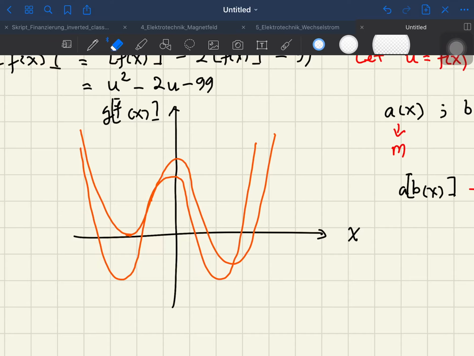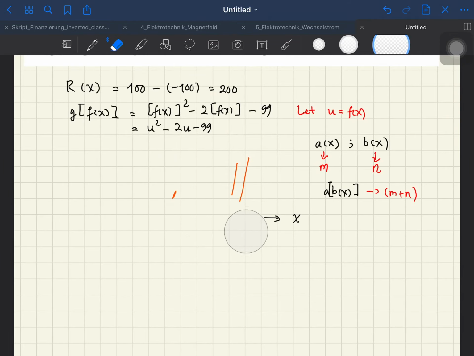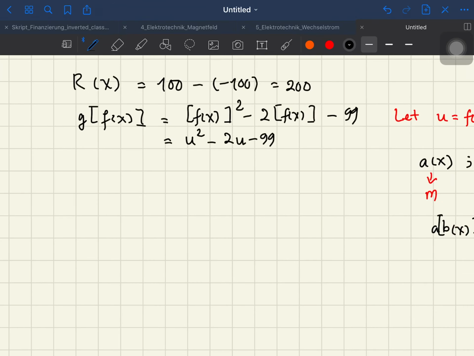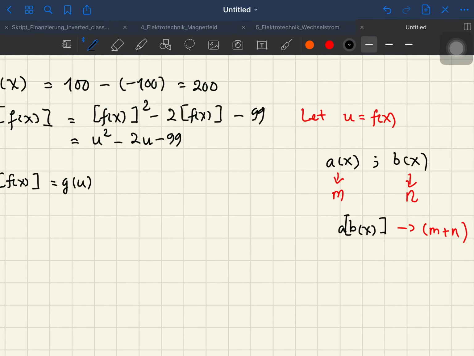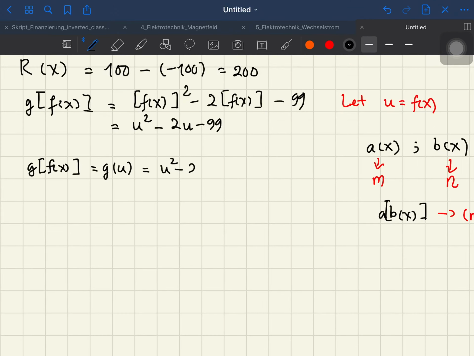In this case, we are going to use gf(x) in terms of u. Recall that gf(x) is g(u), because we said that u equals f(x). So it equals u squared minus 2u minus 99.